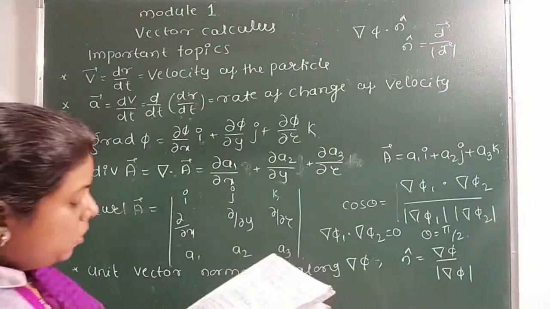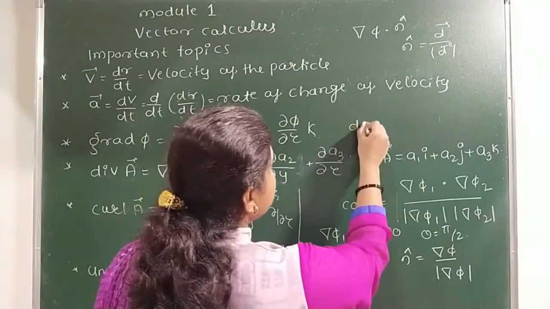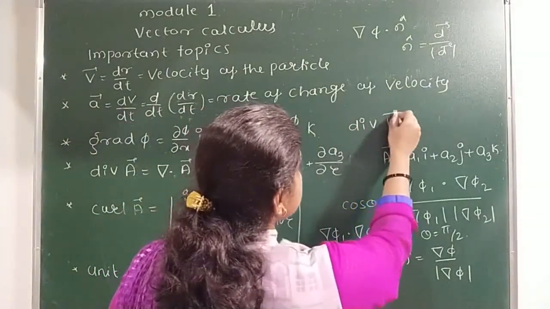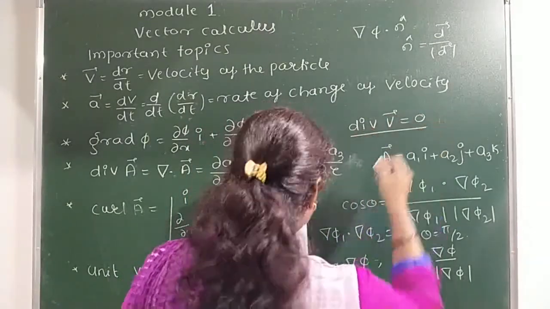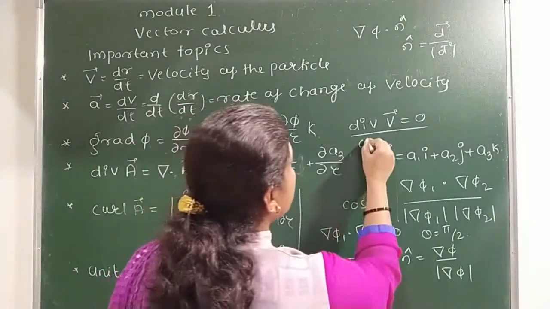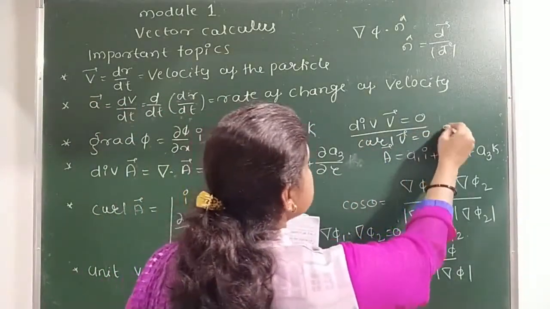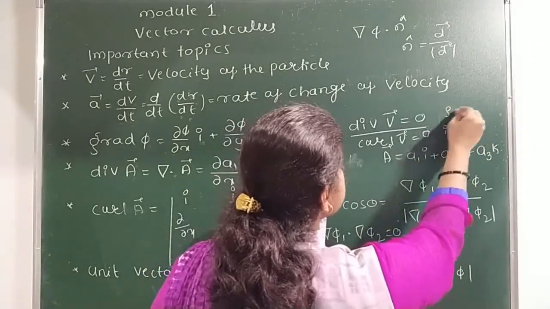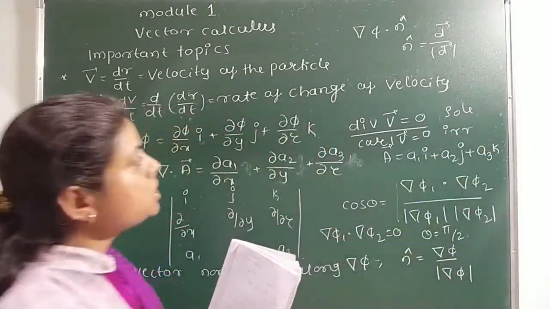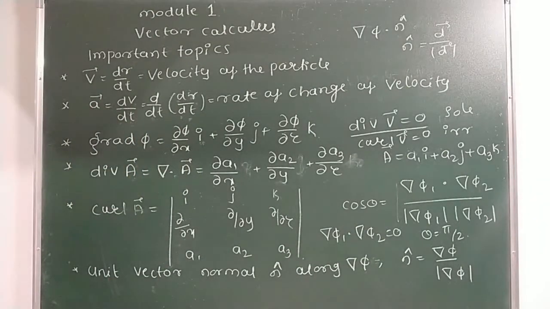The vector V whose divergence is 0, meaning divergence of vector V is equal to 0, we call a solenoidal vector. If the curl of vector V is equal to 0, it is irrotational, and the other is solenoidal. This we have to study in the main topic of vector calculus.